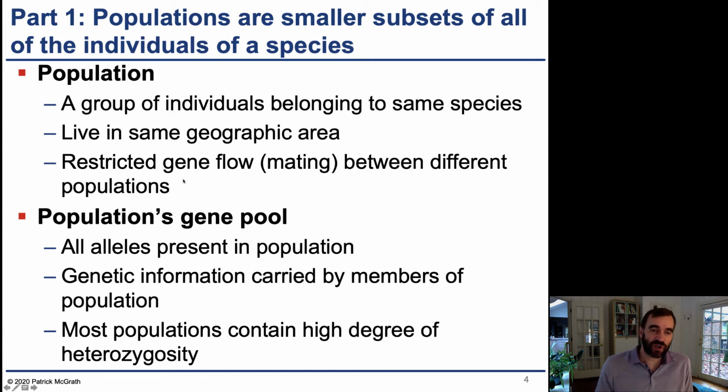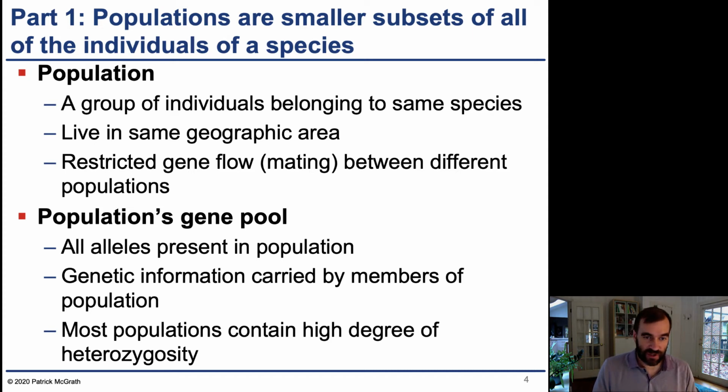This was certainly true 500 years ago, 1,000 years ago. If you lived in different geographical parts of the world, there was a huge restriction on your ability to mate with those individuals. People tended to stay in one city or one region. There was little migration, and so the mating that took place was restricted to the individuals around you.